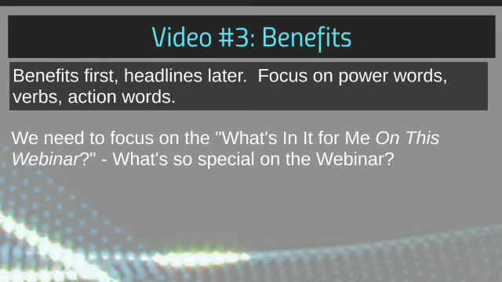Because if you really think about it, and going back to the mindset we talked about earlier, we need to focus on what's in it for me on this webinar. So obviously me is going to be your prospect. So what's in it for your prospect on this webinar?